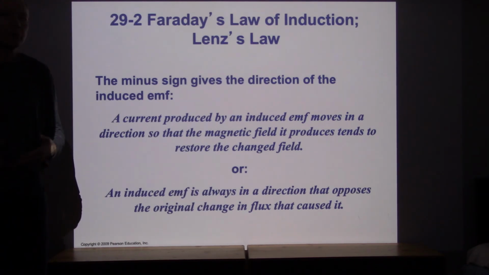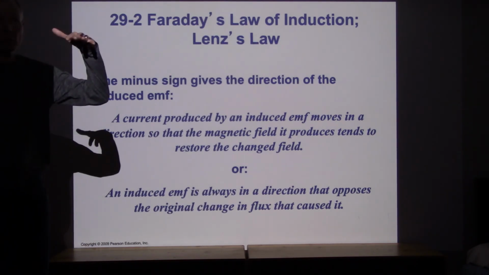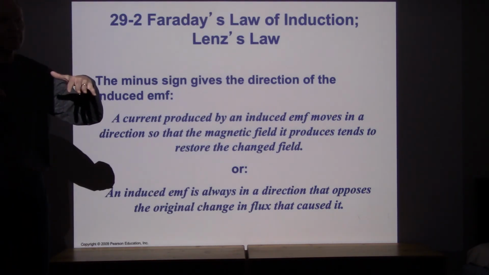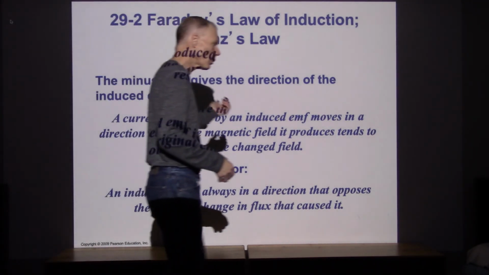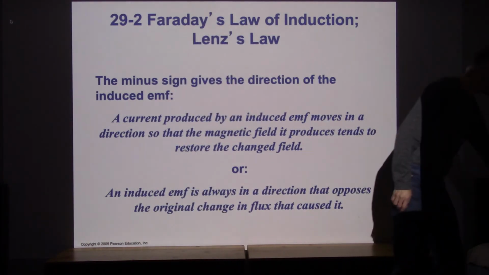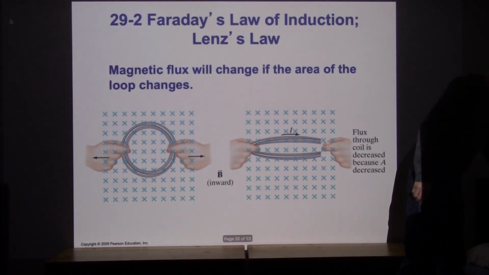So if the magnetic flux is increasing, the current will tend to decrease that magnetic flux. If the flux is decreasing, the current will tend to increase the flux. So that's also a way to keep track of directions for this.